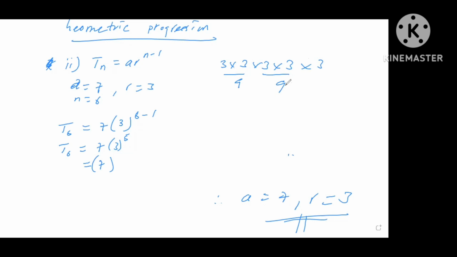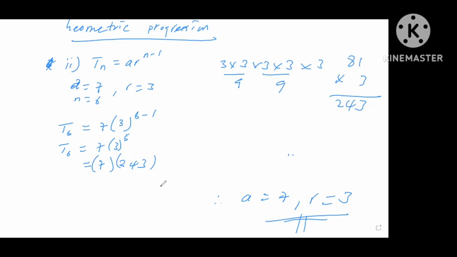Right? So 81 times 3. 3 times 1 is 3. 3 times 8 is what? 24. So meaning it is 7 times 243, right?